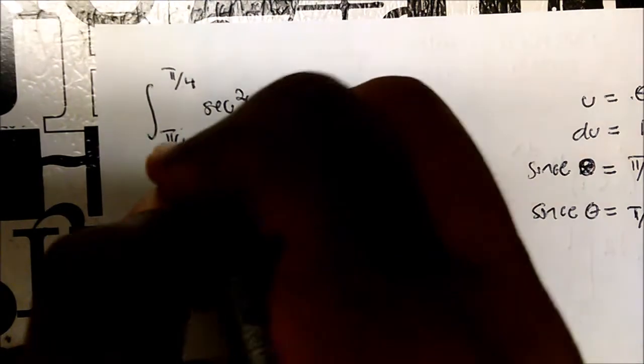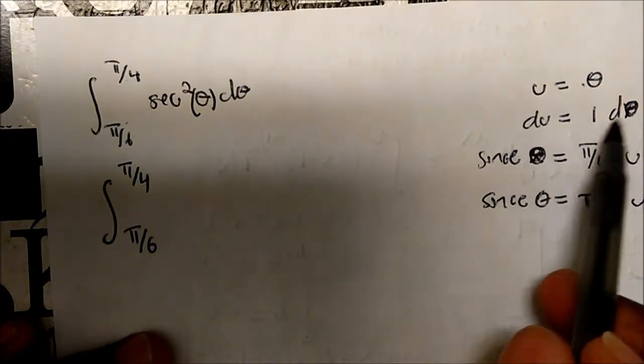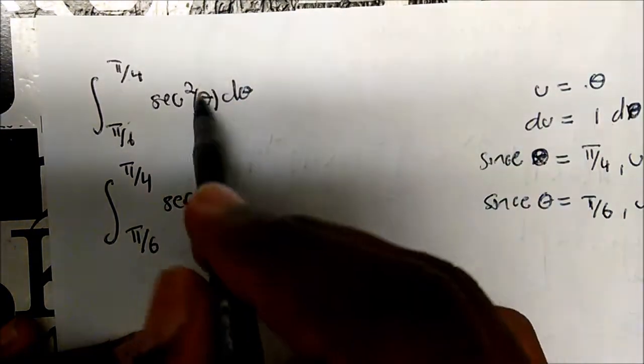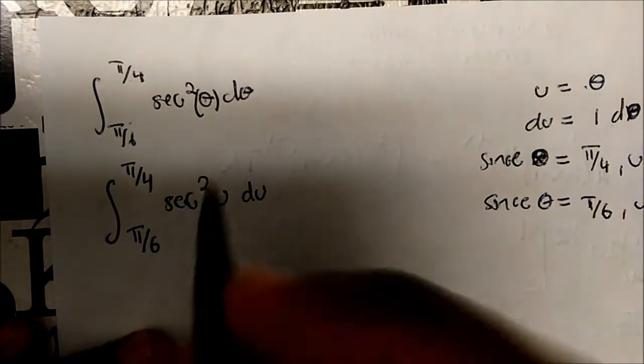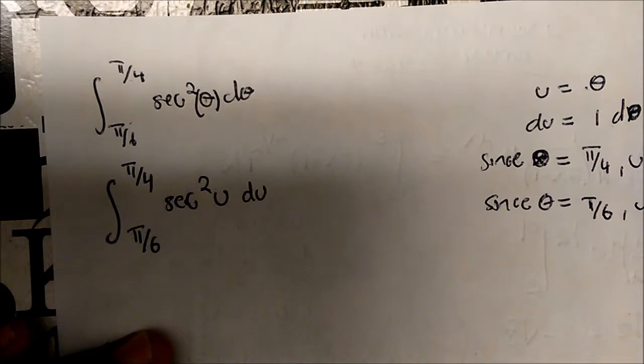So rewriting our integral, this will be an integral from pi over 6 to pi over 3, du is just 1 d theta, which takes care of this. So this now becomes secant squared of u, because we used theta as u, du. So this will be our new integral. Now all we have to do is take our antiderivative and plug in the values.